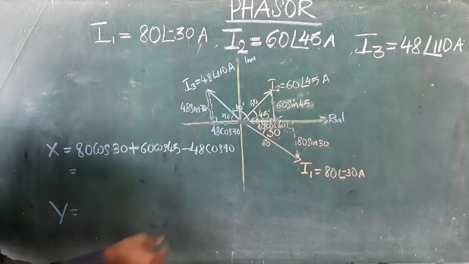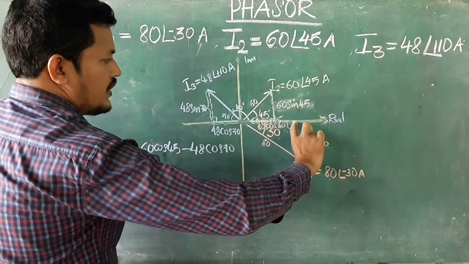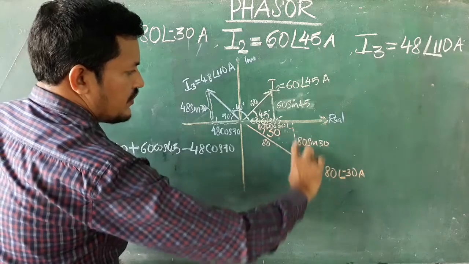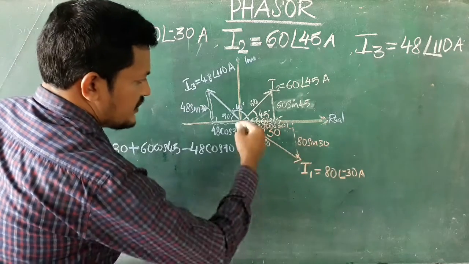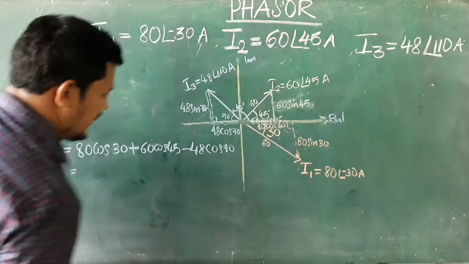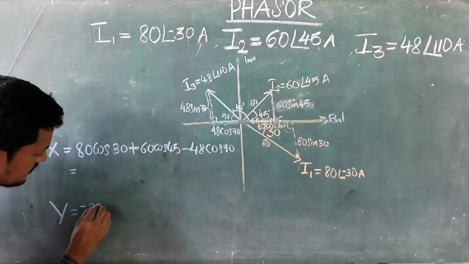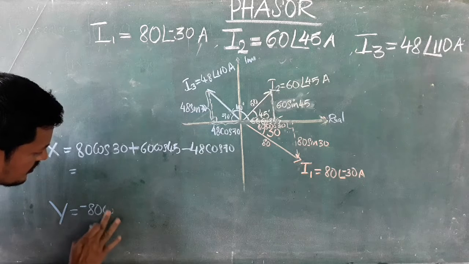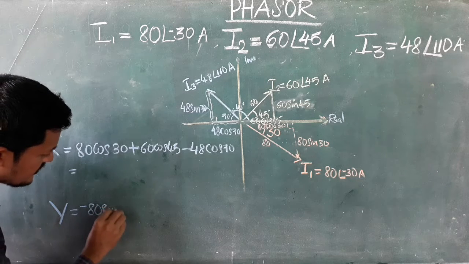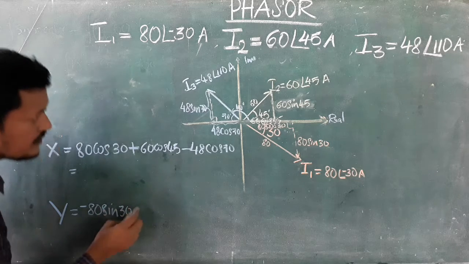So for the y component, for I1 it is on the opposite negative side, so we have to include minus 80 sine 30.